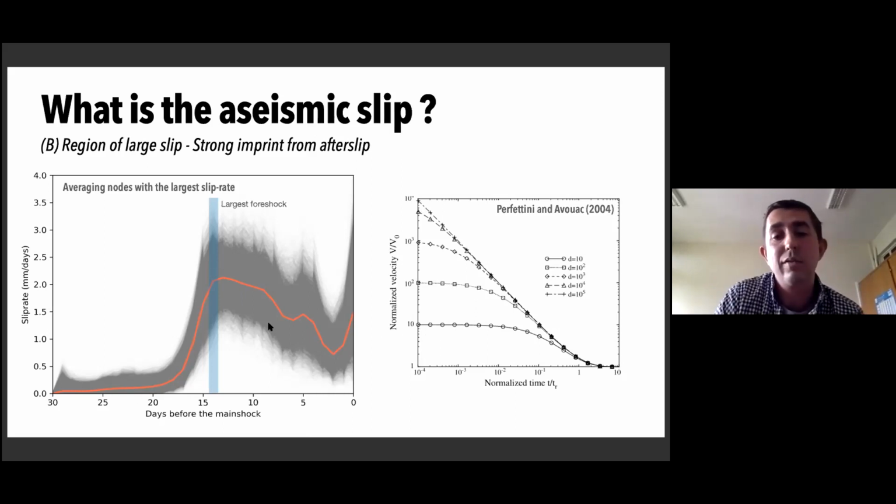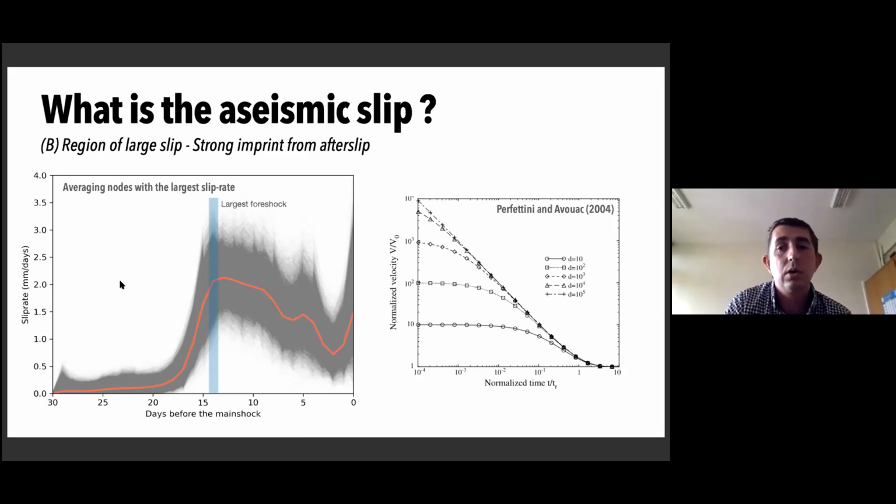This resembles a little bit what we see. So overall, when you look at some specific portion of the fault, it seems there is a strong influence of afterslip, but overall, the fault seems to also have an underlying nucleation phase from a slow slip model.